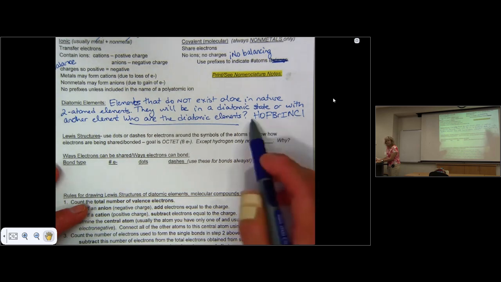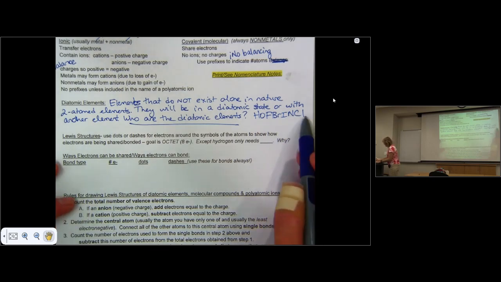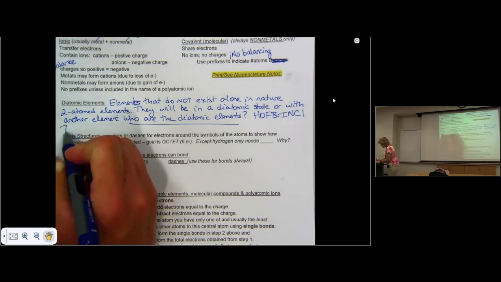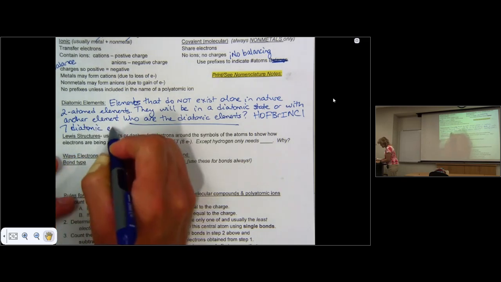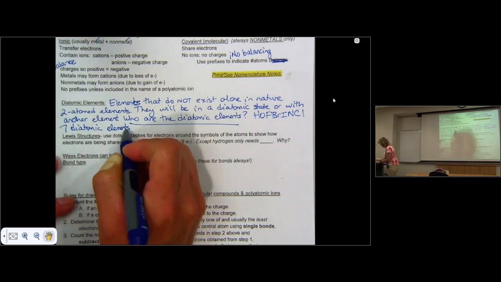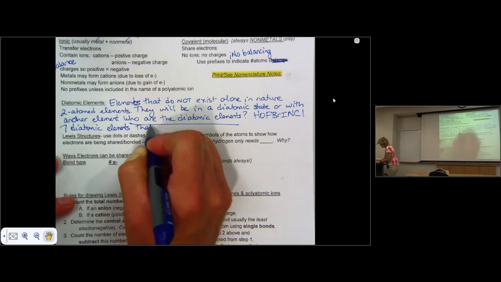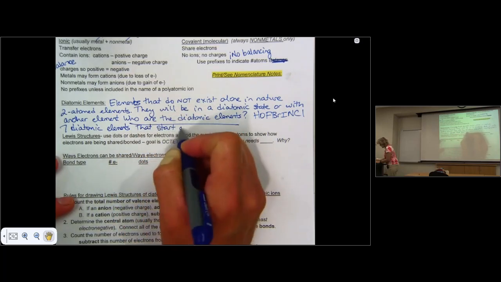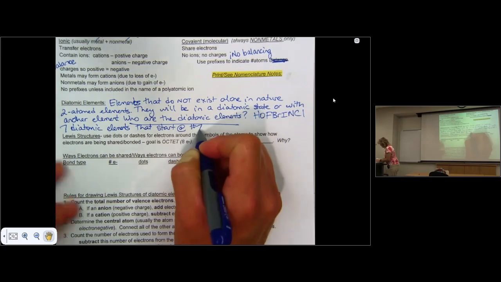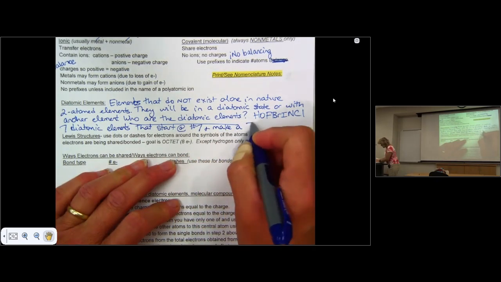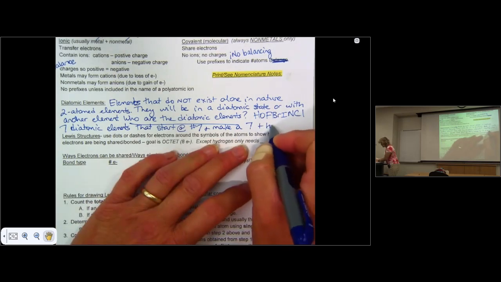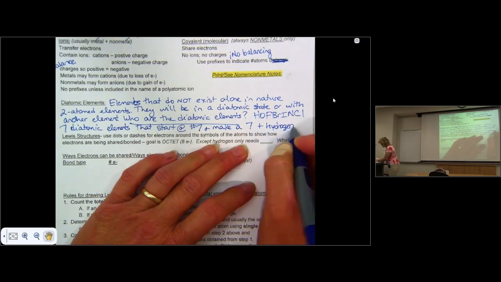So those are the diatomic elements, but if you can't remember that, remember that there are 7 diatomic elements that start at number 7 and make a 7 plus hydrogen.